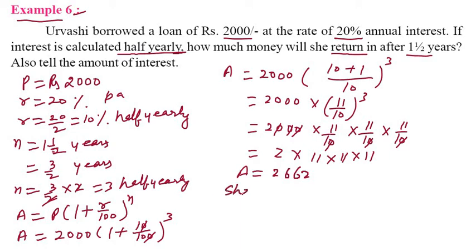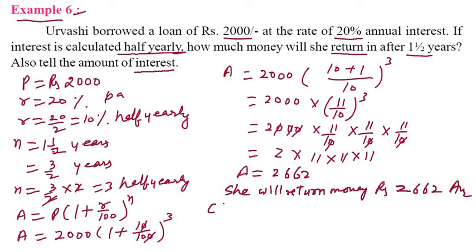That means the money she will return is rupees 2662, and that will be your answer. Now also find the interest.